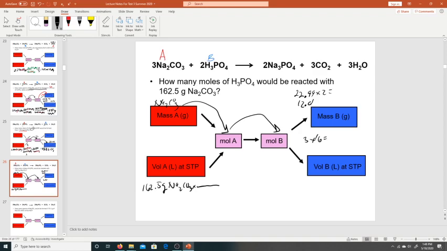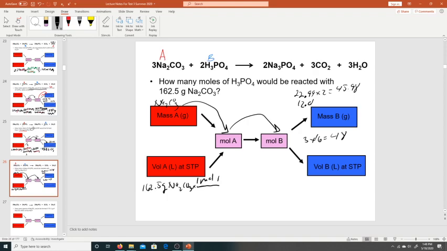Alright, so 22.99 times 2 is 45.98. 16 times 3 is 48. So add these numbers together, that'll tell us the molecular weight of sodium carbonate. 45.98 plus 12.01, only one carbon, plus 48, that is 105.99.